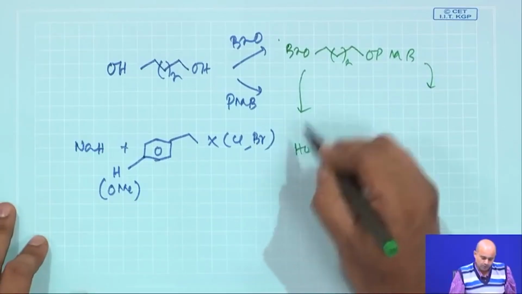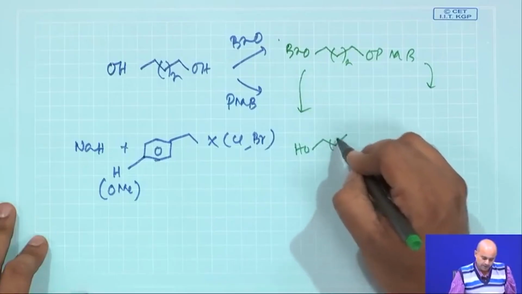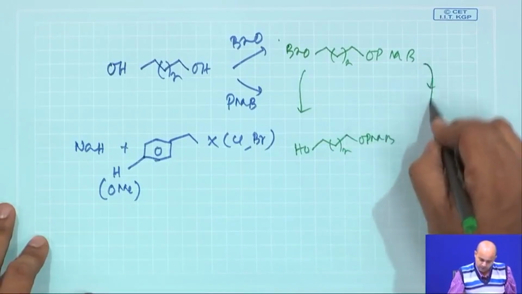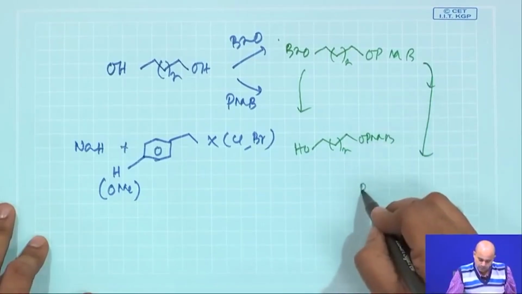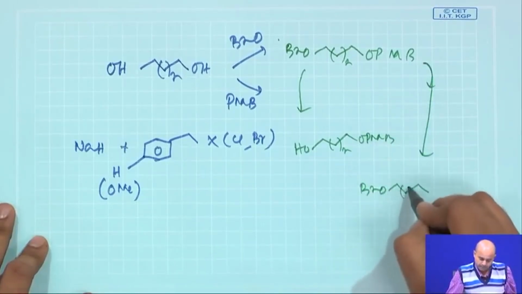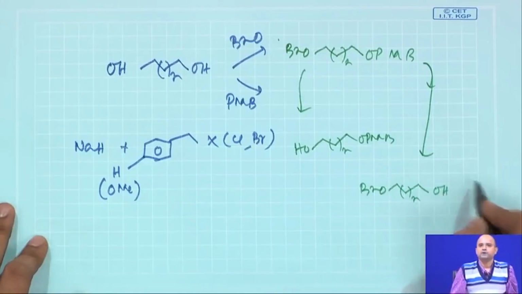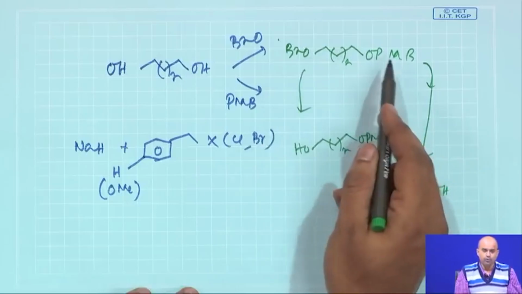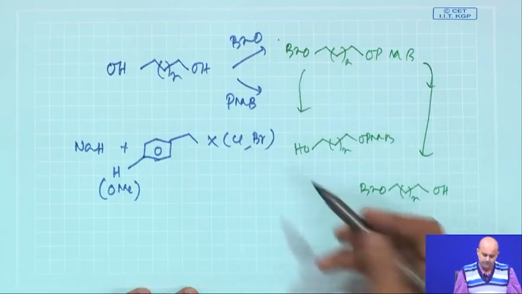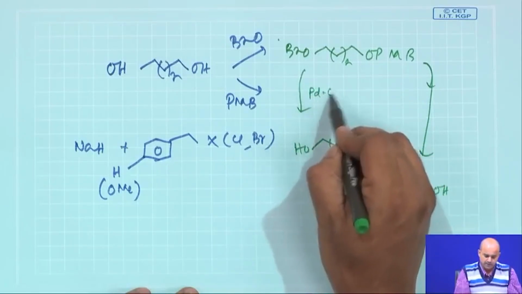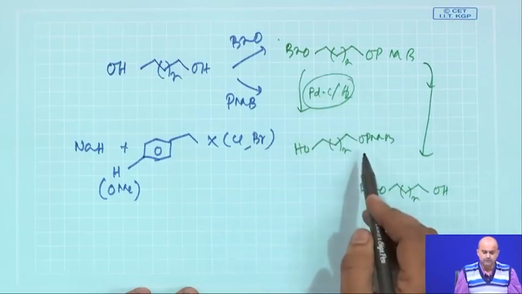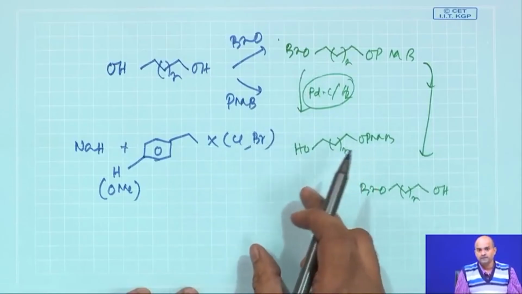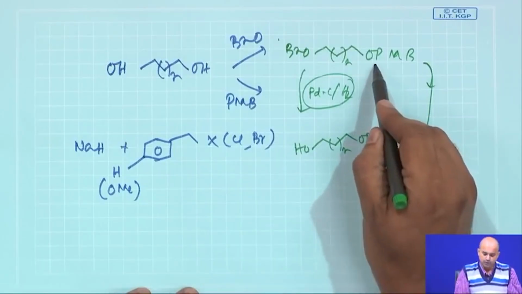Now, I need two conditions to check whether these groups are orthogonal to each other. I need one condition where benzyl can be selectively removed to give you OPMB, and another condition where PMB can be selectively removed in the presence of benzyl. The answer is yes, you can do it. Both benzyl and PMB can easily be cleaved if you treat the compound with palladium on charcoal and hydrogen. Normally this hydrogenation is much faster with benzyl, but you probably cannot get 100% selectivity because PMB also undergoes cleavage.